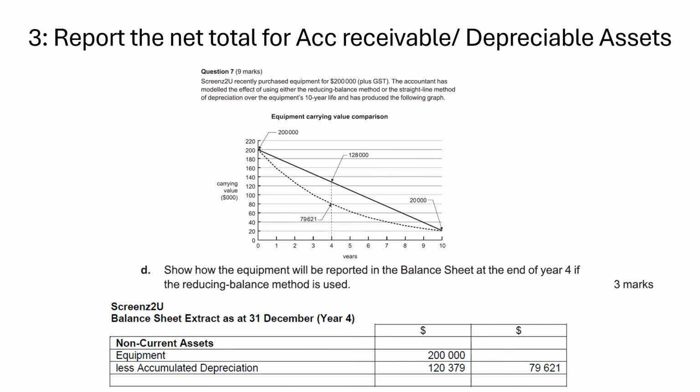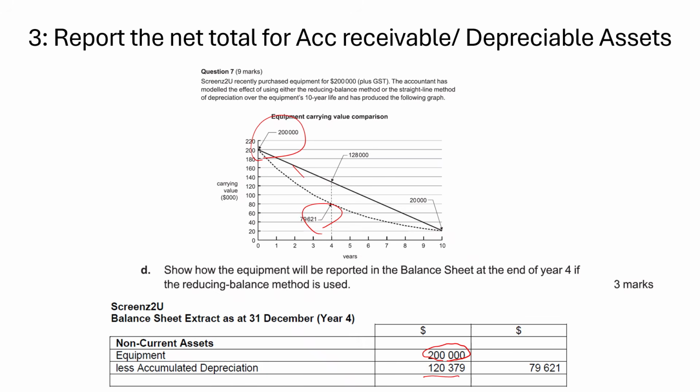Tip 3. When we are reporting the carrying value of a depreciable asset in our balance sheet, we need 3 figures. So first of all, we've got to identify our verifiable purchase price, the cost, and then we less our ACDEP. So in this case, we subtract our carrying value here from our purchase price to get our ACDEP.